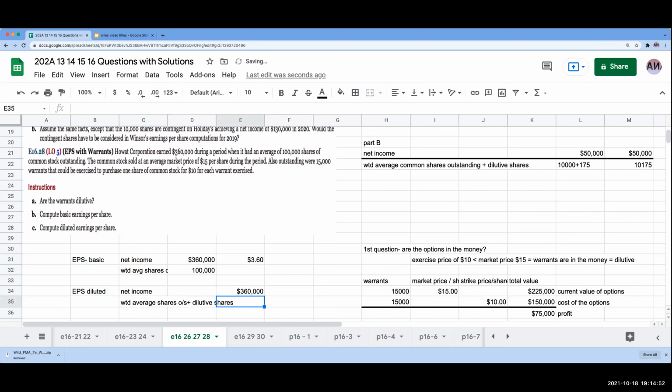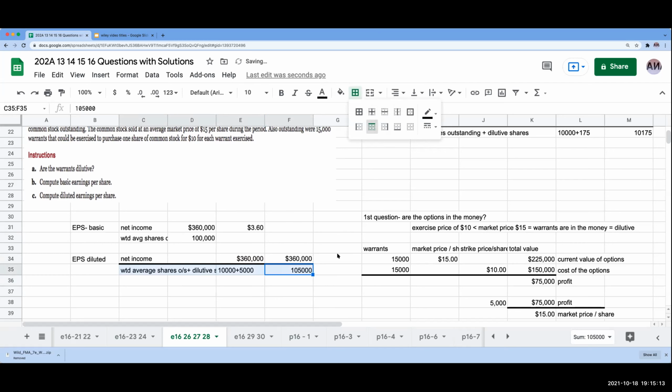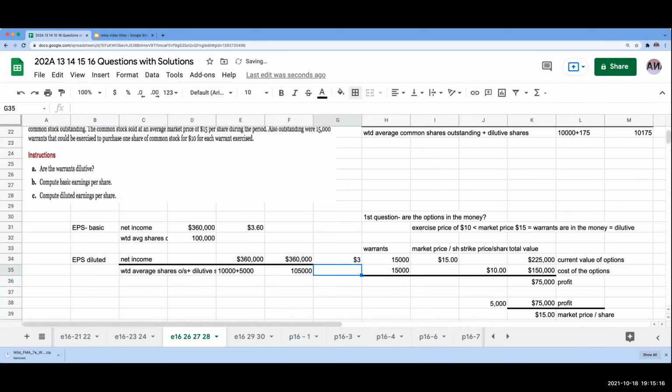So in this case, the top is 360,000, and the bottom is 100,000 plus the 5,000 that I just calculated, so 105,000. This gives us a diluted earnings per share of $3.43.